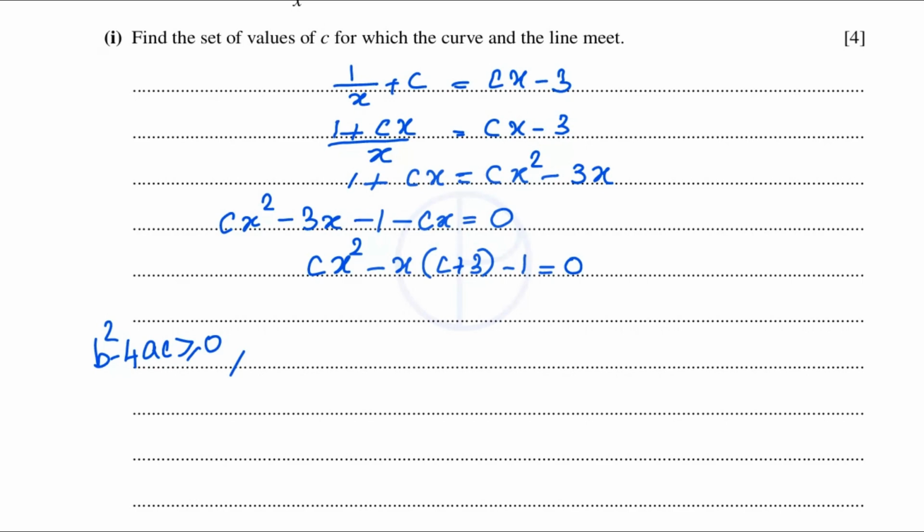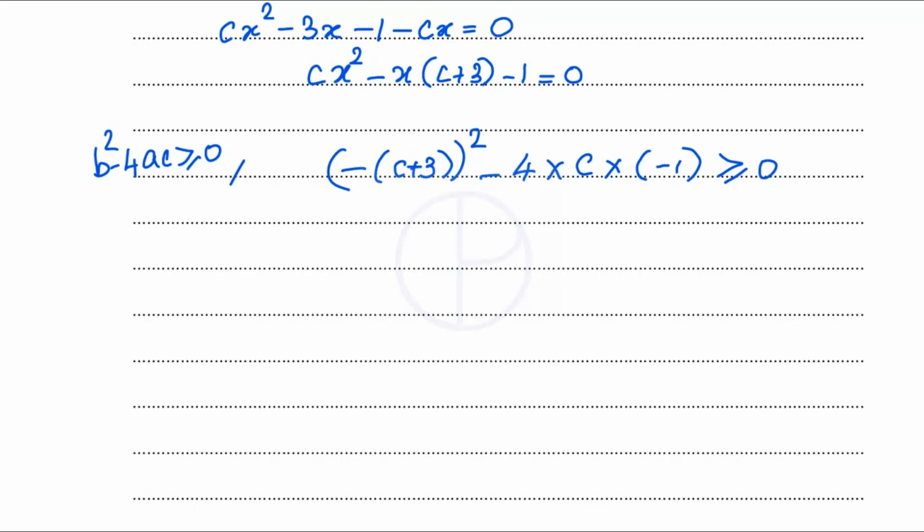So what is b square here? b square minus 4 times a times c, and c is negative 1, is greater than or equal to 0. When minus is squared, it becomes positive.